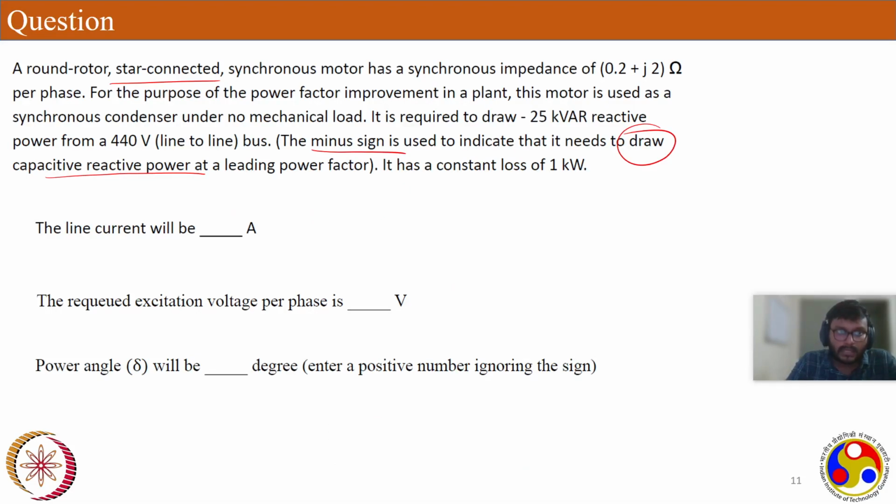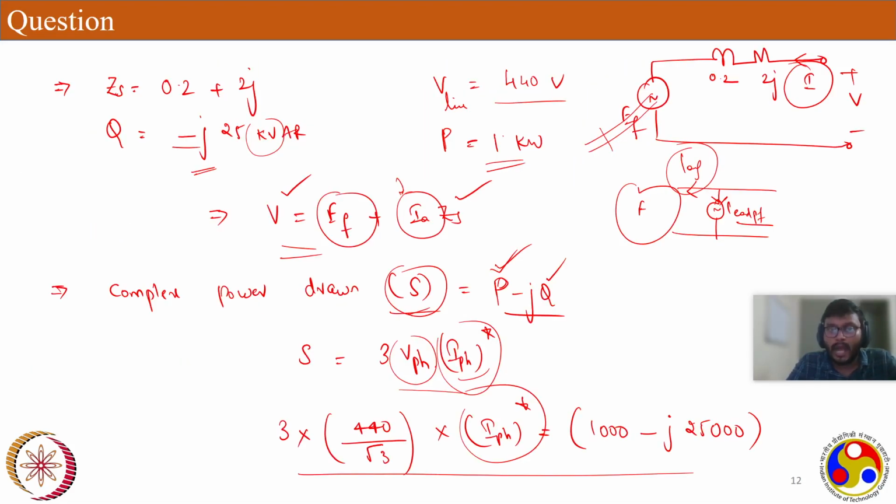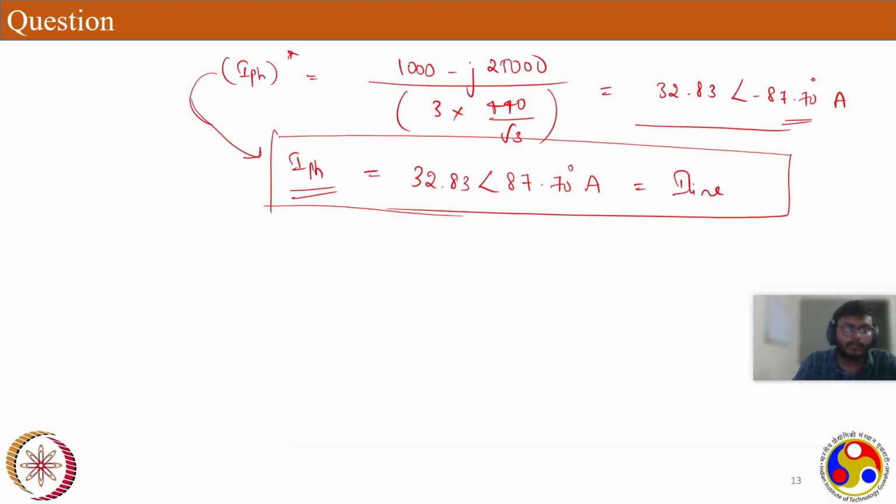Now the next question is the required excitation voltage per phase. So we are asked for this EF. What is the excitation? Since now we know V, IA and ZS, substitute all values here. So the second question: EF is equal to V minus IA ZS. What is V?